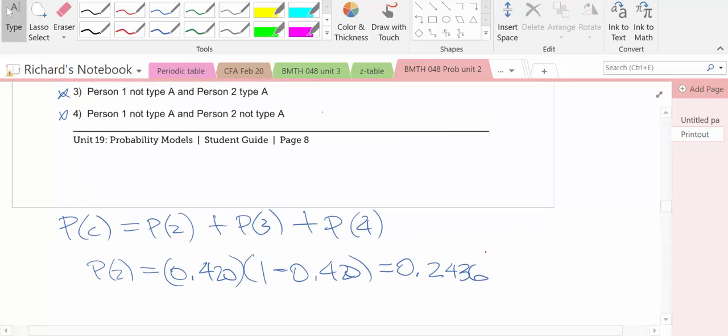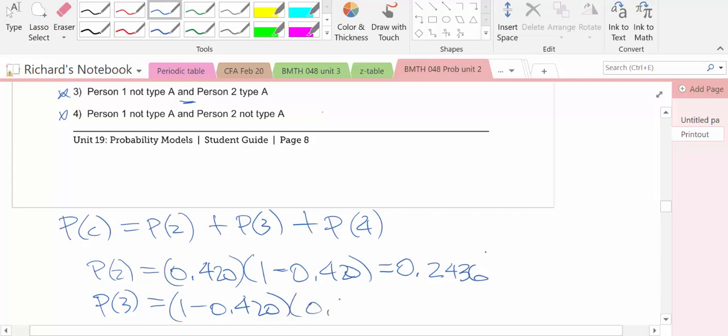Next, I'm going to calculate the probability of event 3, which is that person 1 is not type A, but person 2 is type A. So the probability that person 1 is not type A, using the complement rule, is 1 minus 0.420. And since we've got the keyword AND, I'm multiplying that by the probability that person 2 is type A, which is 0.420. And this is also equal to 0.2436.